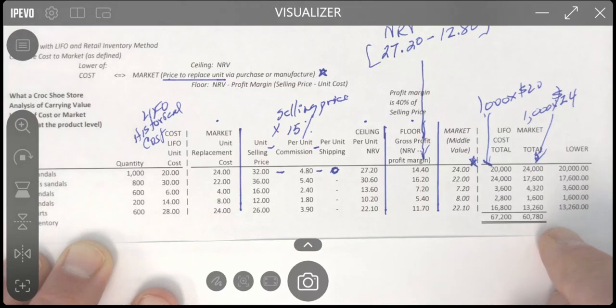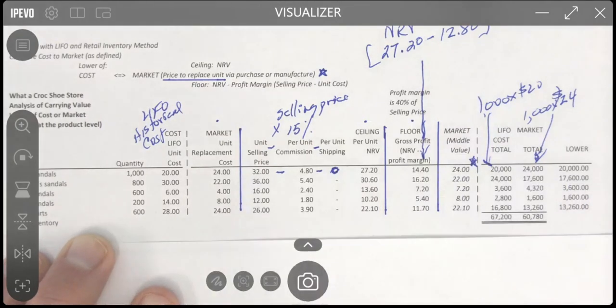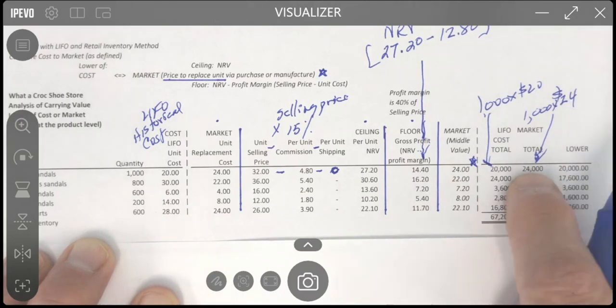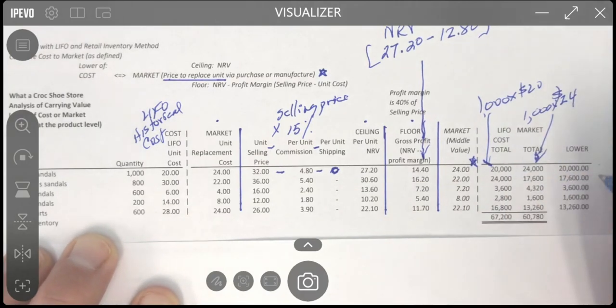All right. So on a per unit inventory item basis, there is no impairment with men's sandals. There is impairment with women's sandals. Interesting.